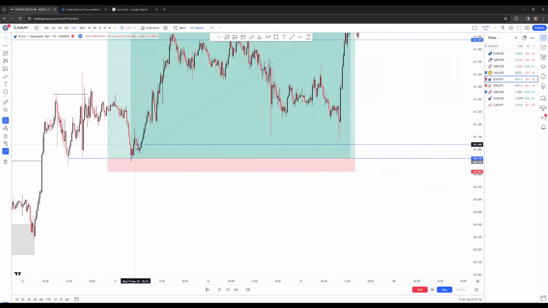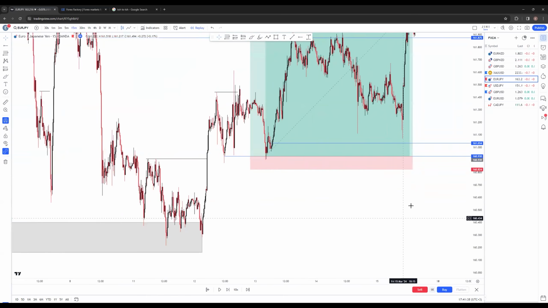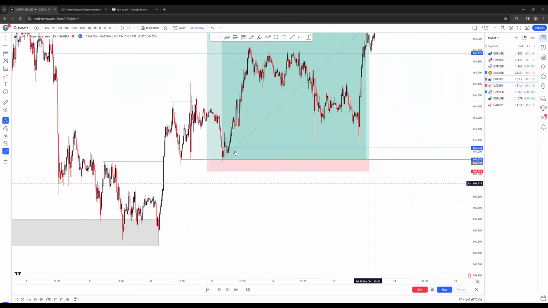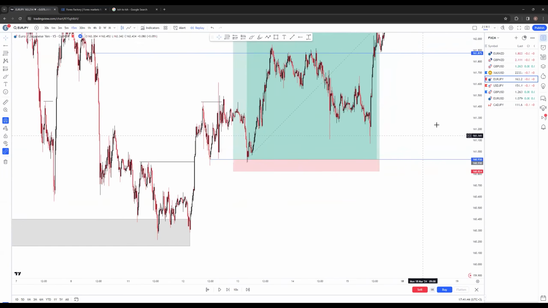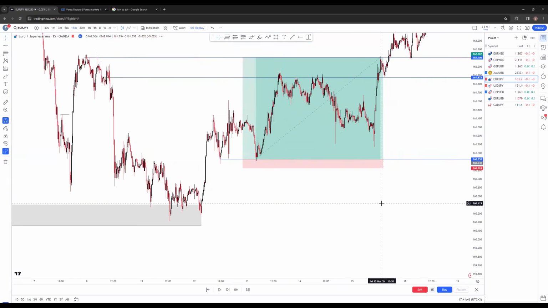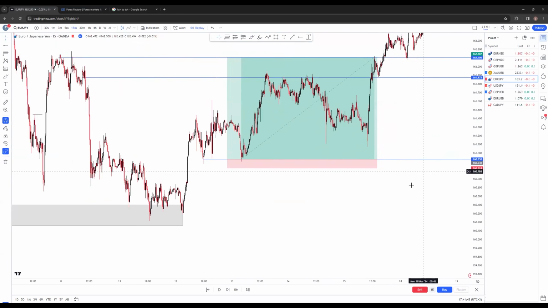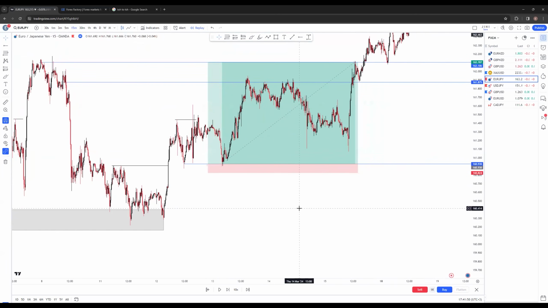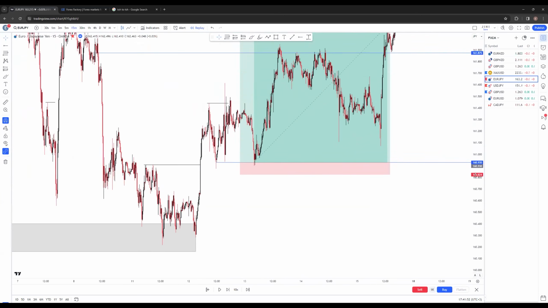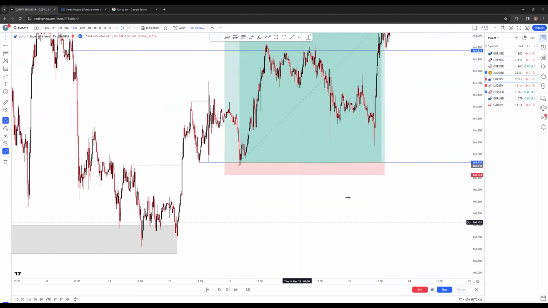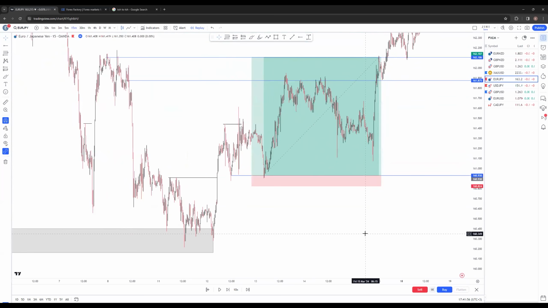But if you use this formation, the price will leave you. That's why I recommend to use the first method, because it is the good method of confirmation. That is how you will trade confirmation.